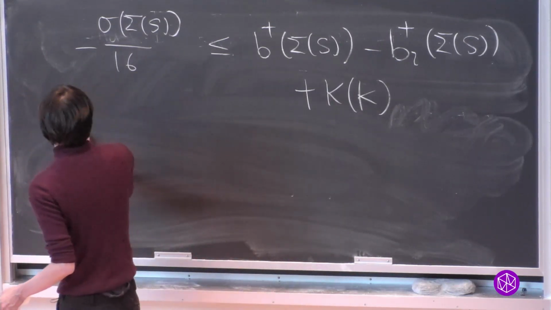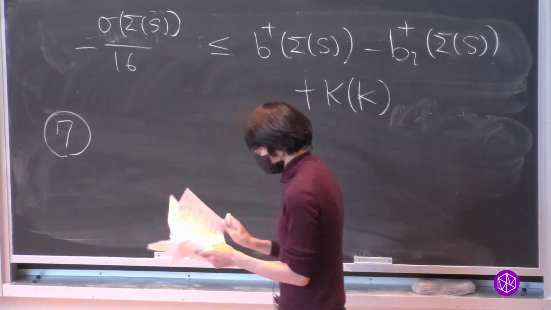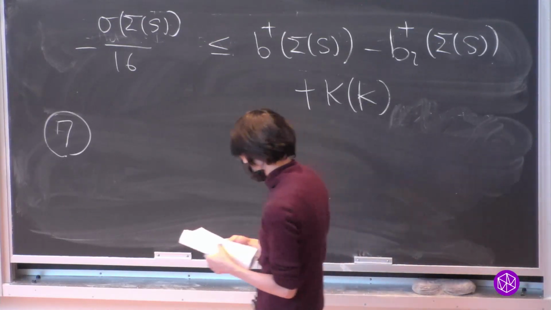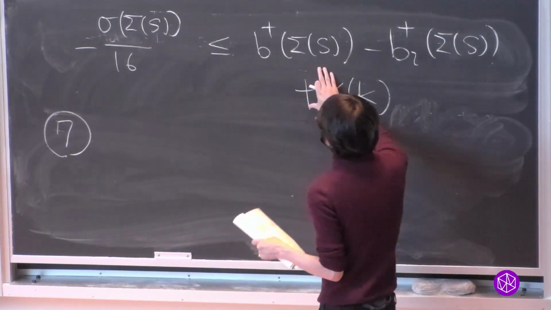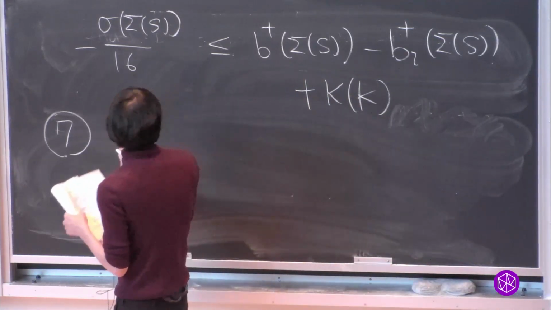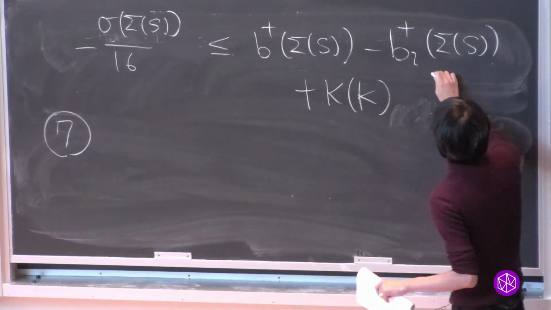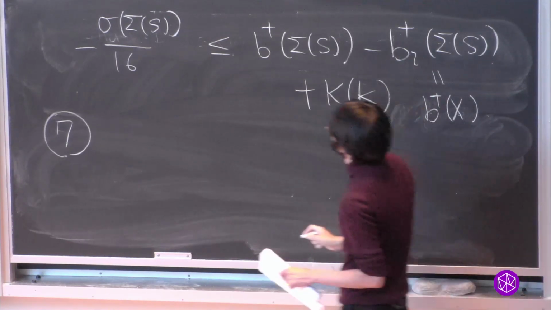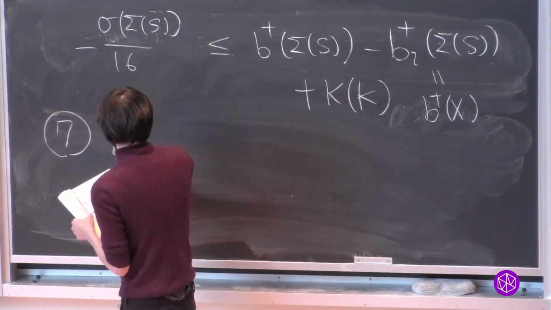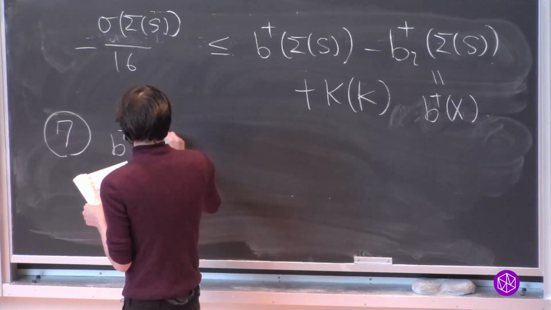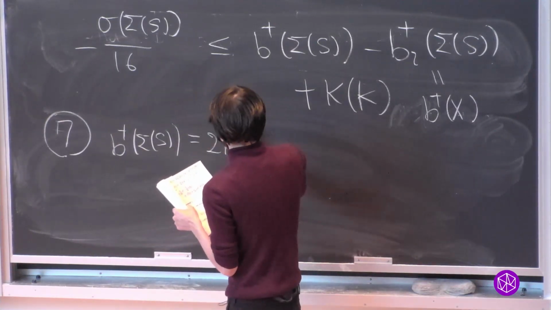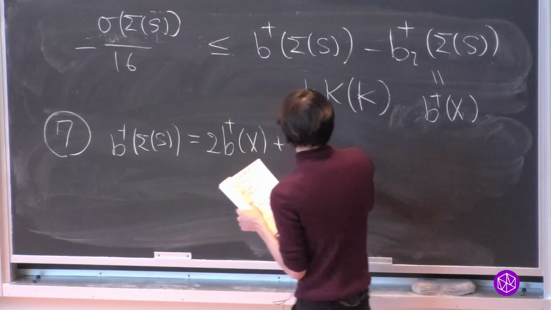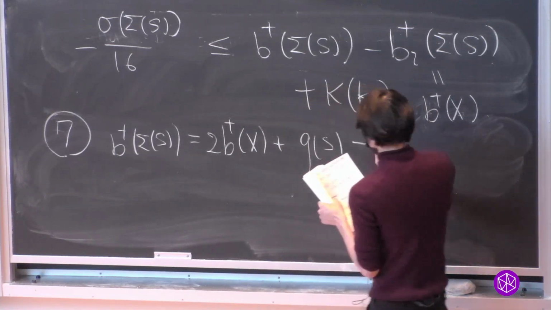Sorry, and this is almost the essential part. The latter part is kind of obvious because we write these quantities only in terms of the base. So this is b plus of the base manifold, and b plus of the Lagrange cover here is an easy consequence of my arbitrary stuff.